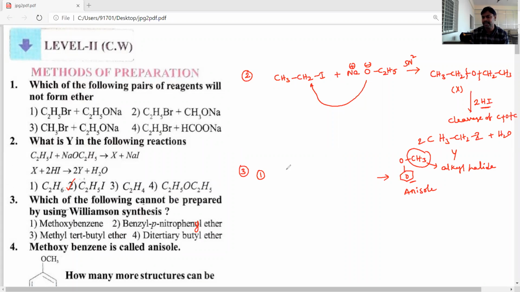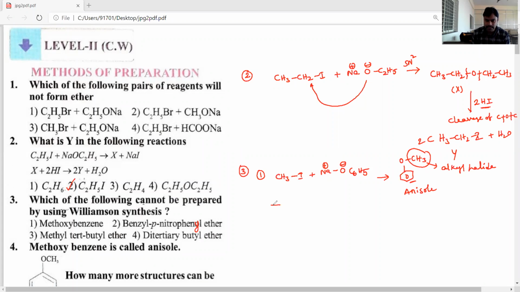We know that aryl halides are less reactive in nucleophilic substitution reactions. That's why it is CH3I plus Na+ O-C6H5, and then we get methoxybenzene.